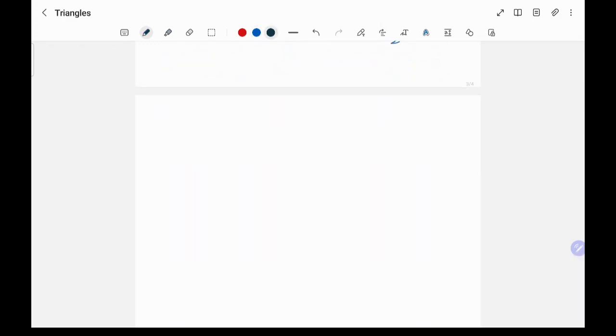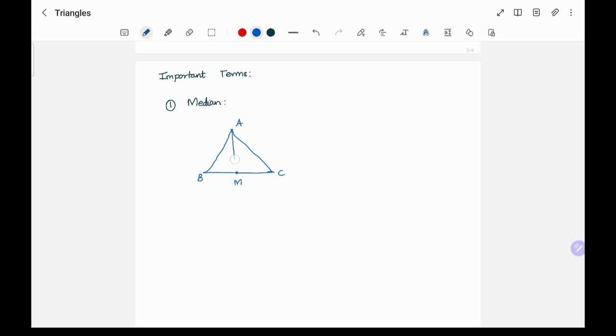So next we'll see some important terms associated with a triangle. First is called the median. If you have a triangle, you take the midpoint of any one side and join it to the opposite vertex. Then it is called the median.